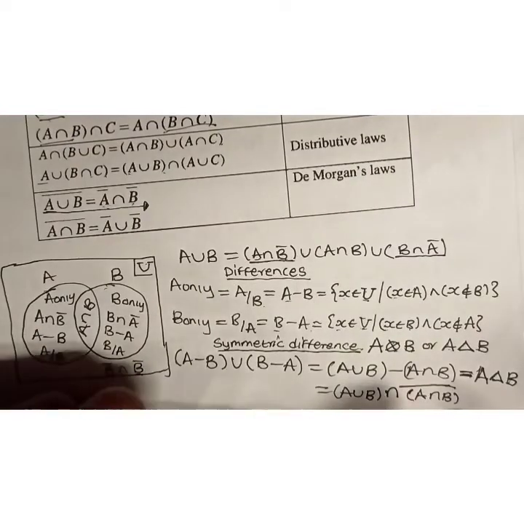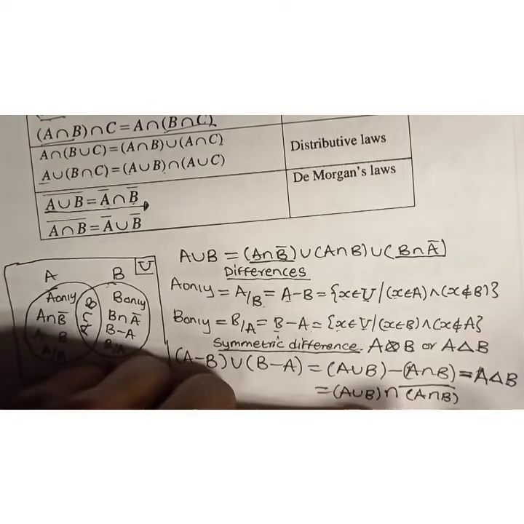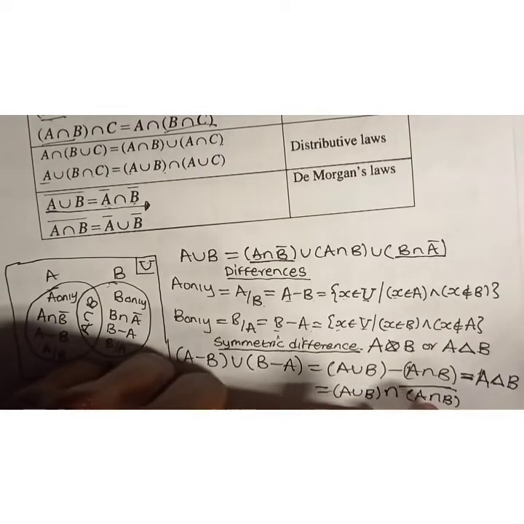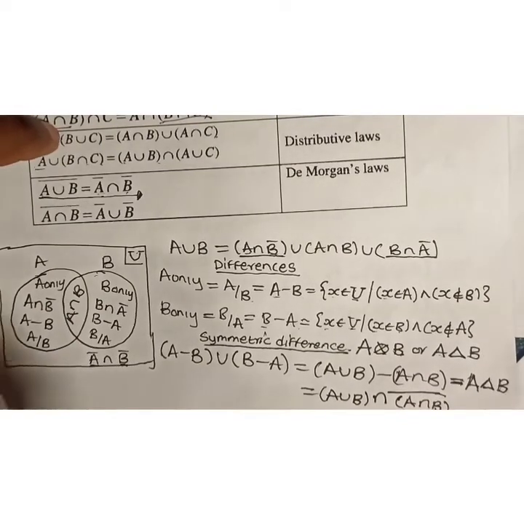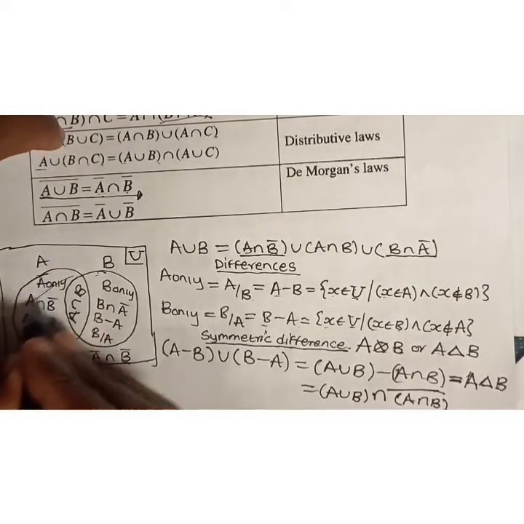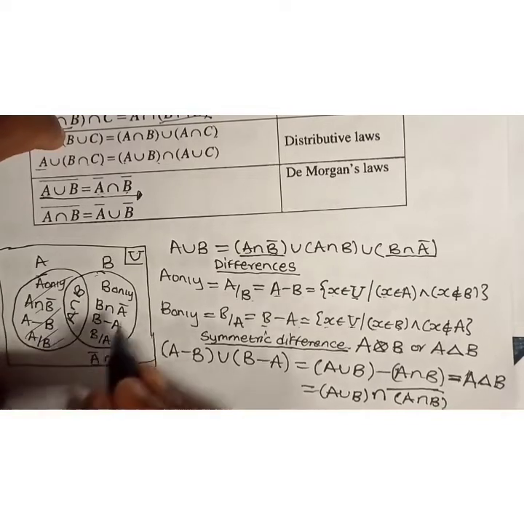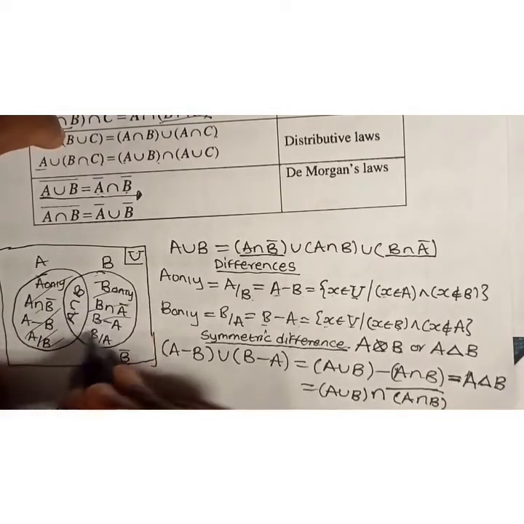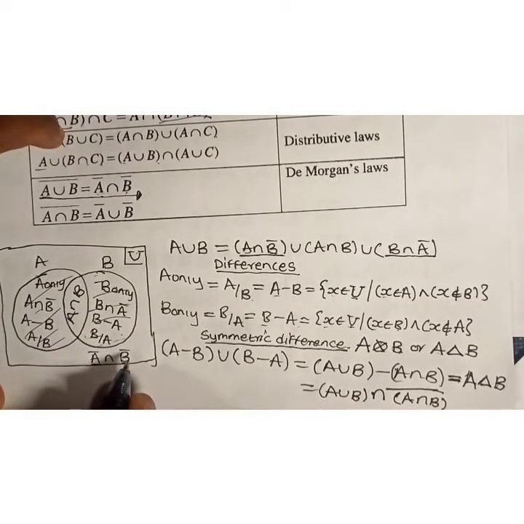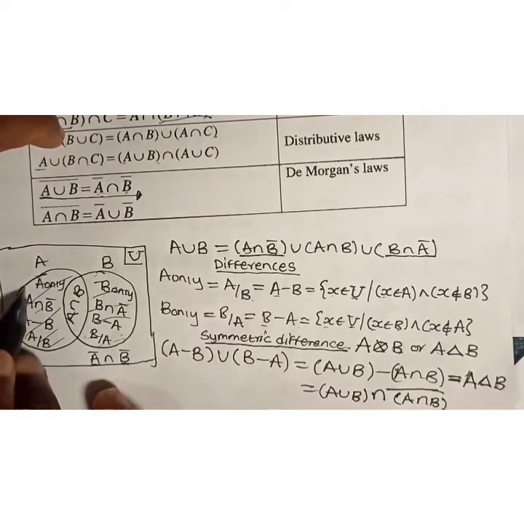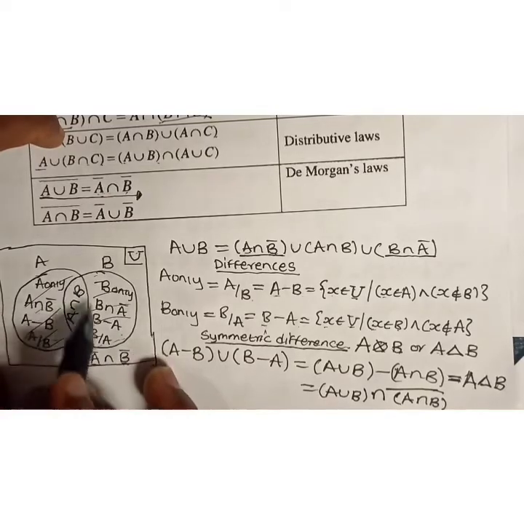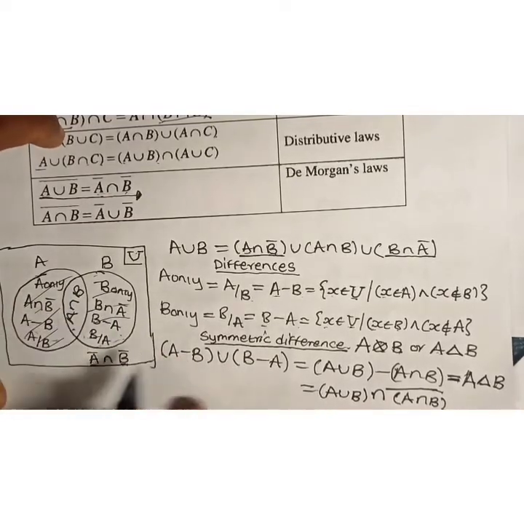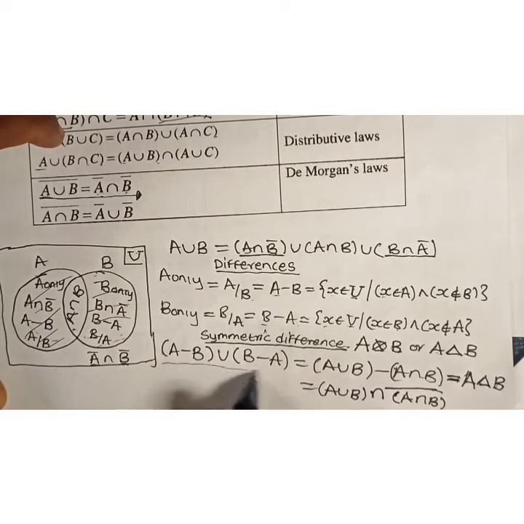It's also the same as A union B intersect the complement of A intersect B. So looking at the Venn diagram, the symmetric difference is this part of A only union this part of B only. But you know the whole part is the union. So if we remove the intersection from the union, we're left with the symmetric difference. And this explains this.